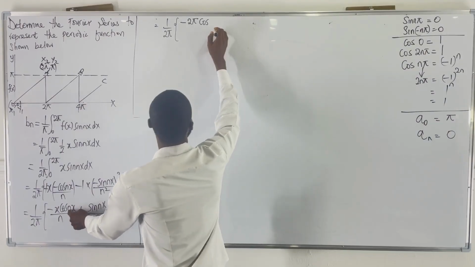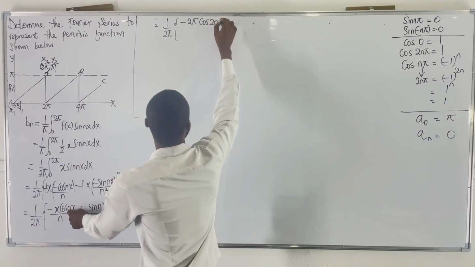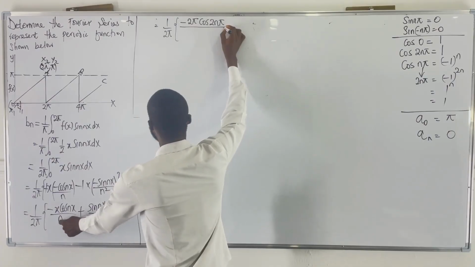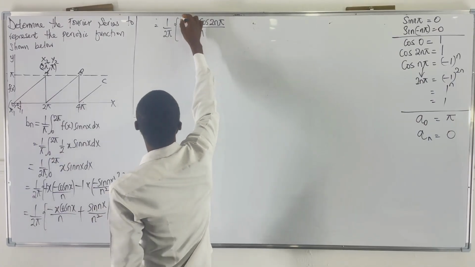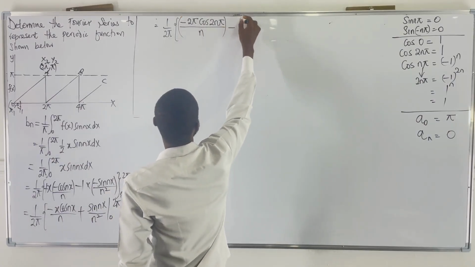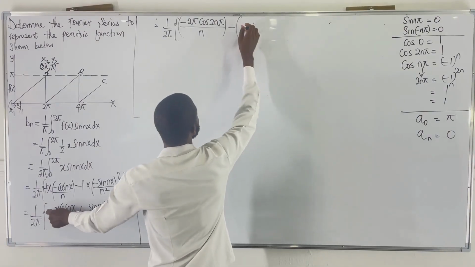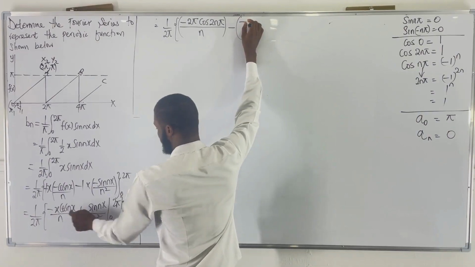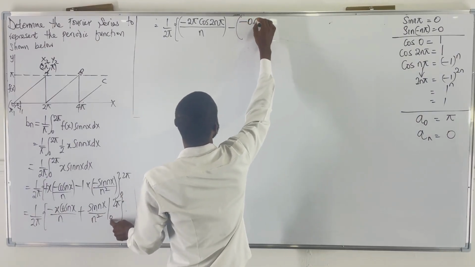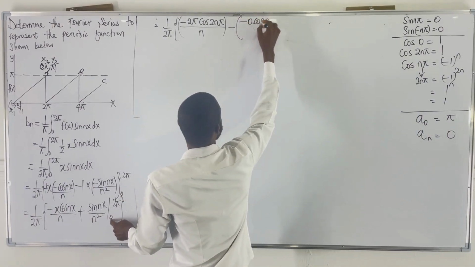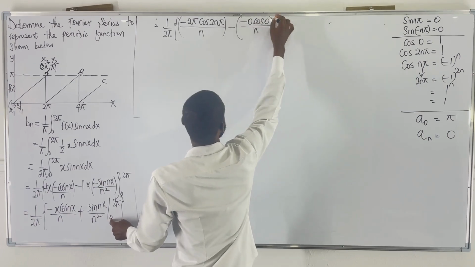So 2 pi times n is 2n pi divided by n. So this is the first bracket, upper limit. Minus, for the lower limit, x is 0. So this will be 0 cos 0 over n.